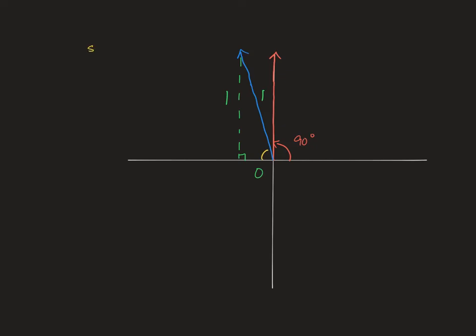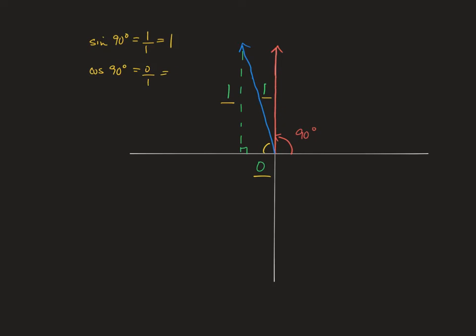So I know that my sine of 90 degrees would be my opposite over hypotenuse. I know that my cos of 90 degrees would be adjacent over hypotenuse. And we might see something very interesting here on my tan of 90 degrees.